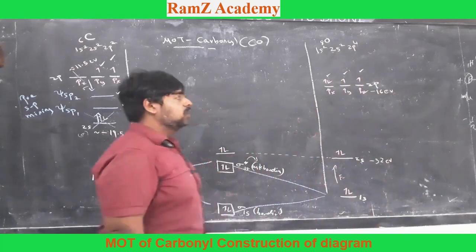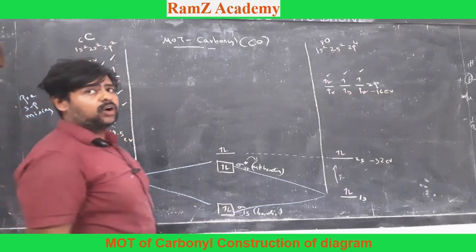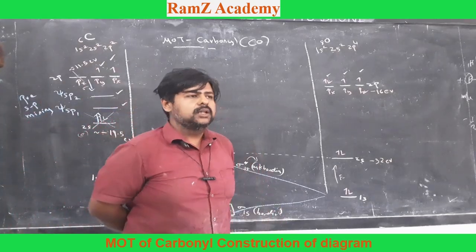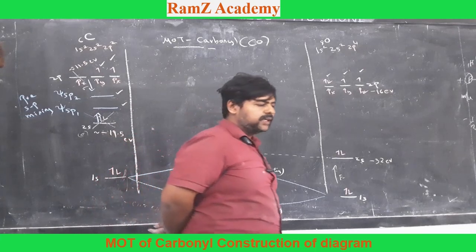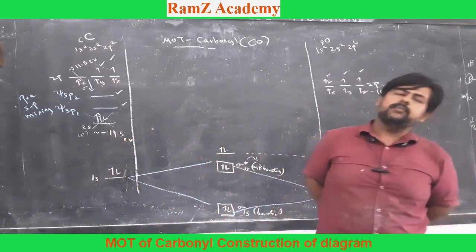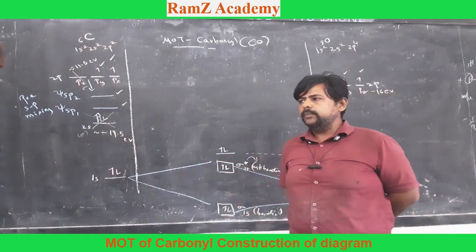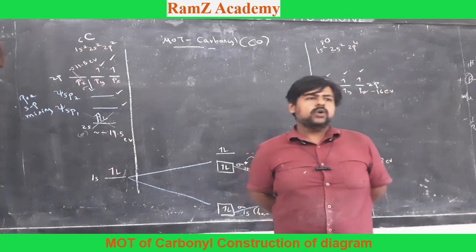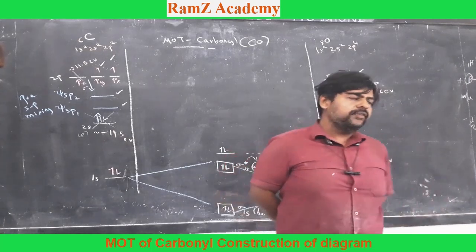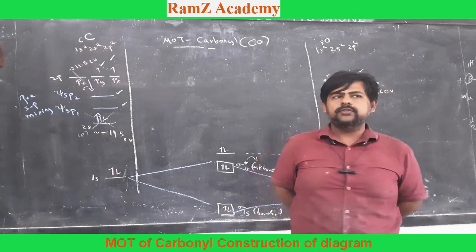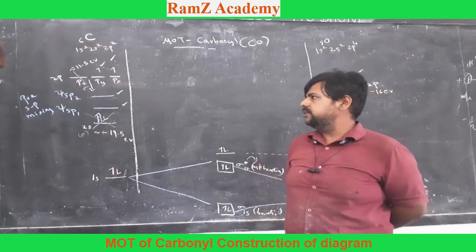That means you are going to get 7 orbitals out of this mixing. This is one of the basic properties we have seen in the construction of the MOT diagram: the total number of atomic orbitals that are mixing is always equal to the total number of molecular orbitals formed after mixing.